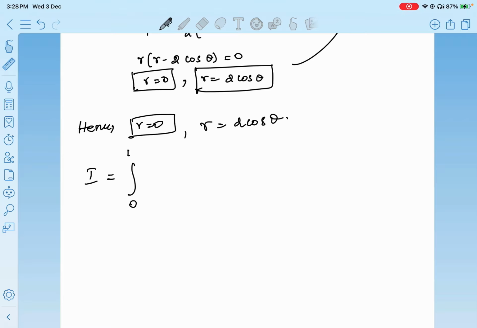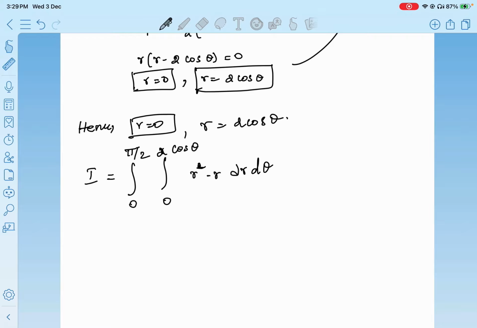So the integral I equals 0 to pi by 2, integral 0 to 2 cos theta, r square into r dr d theta.